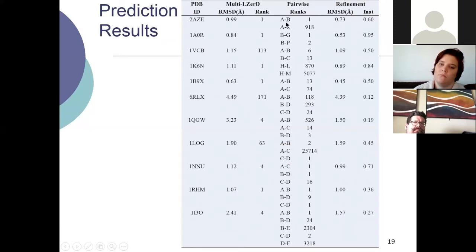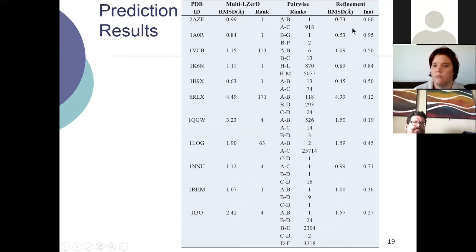For the AB pair, the best scoring model is selected. For the AC pair, the 918th model is selected, and that assembled complex has a very good RMSD of 0.73 against the crystal structure.